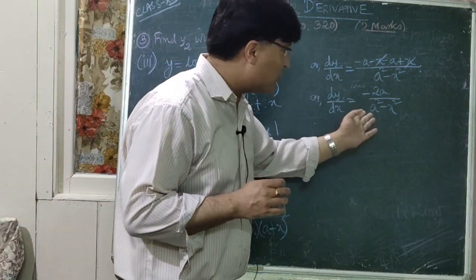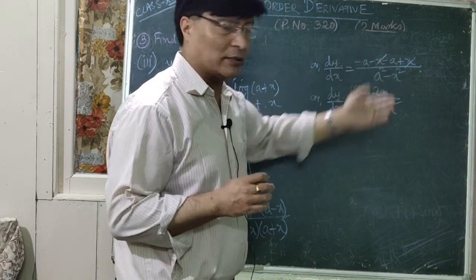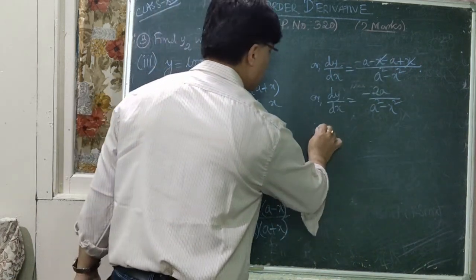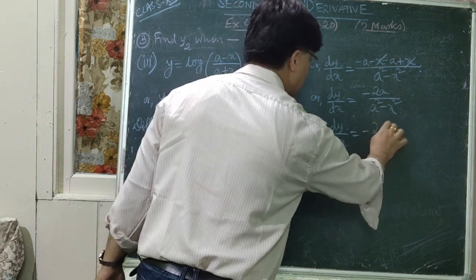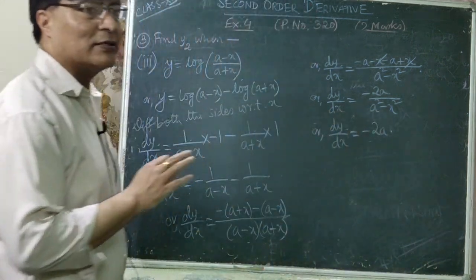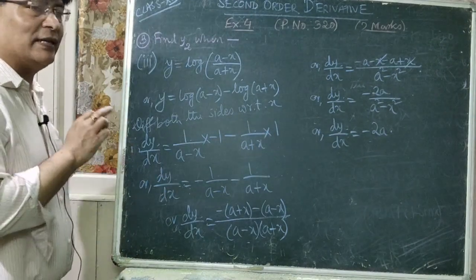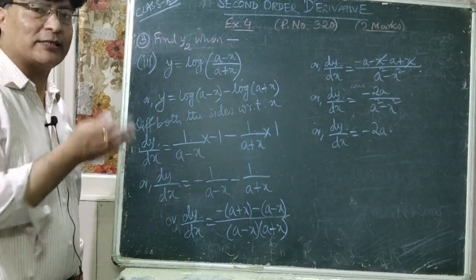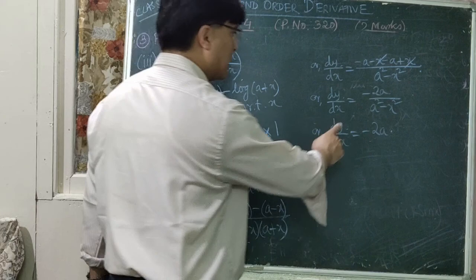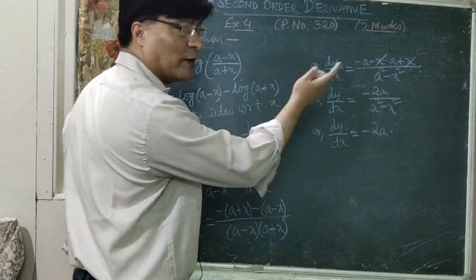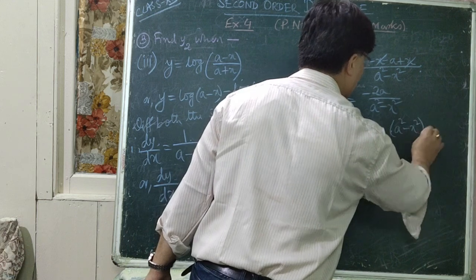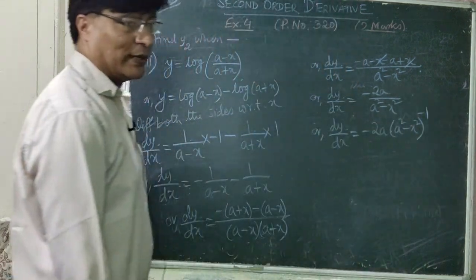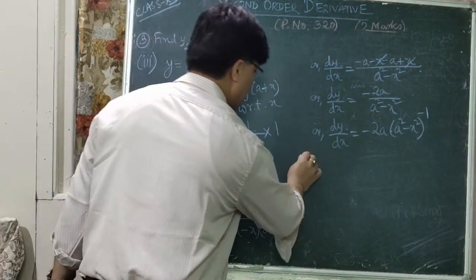So you can take the denominator to the numerator. So what does it become now? dy by dx is equal to minus 2a. So what does it become when this a square minus x square is taken to the numerator? Actually it is a square minus x square whole to the power 1. So it becomes a square minus x square whole to the power minus 1.